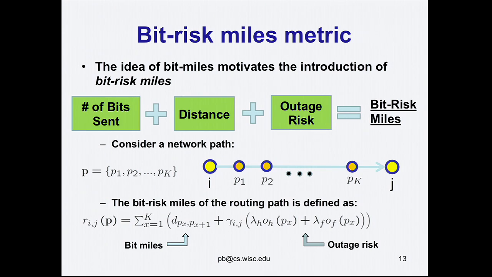So you consider a path being composed of multiple hops between two nodes. Then the notion that we develop, captured in the formula at the bottom of this slide, is that we consider the distance along with the risk and the number of bits sent on the path.